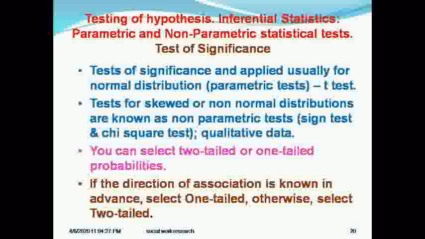So, the association is not clearly proved whether positive or negative. We can't clearly state that higher education means low crime, or that higher education means higher crime. In this case, when we are not clear about the direction of the association, we can safely use the two-tailed test.